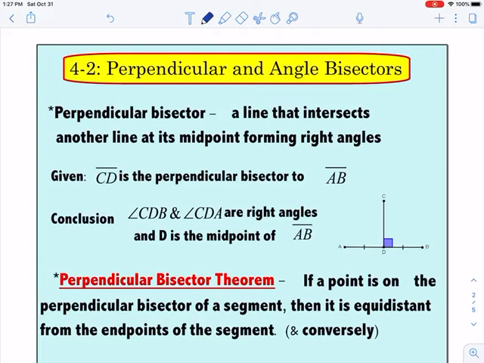So given that CD is the perpendicular bisector to AB, the conclusion would be that angle CDB and angle CDA are right angles, and that D is the midpoint of AB.